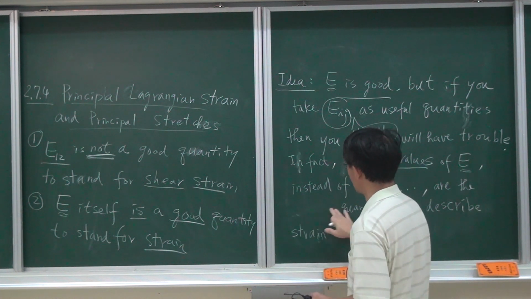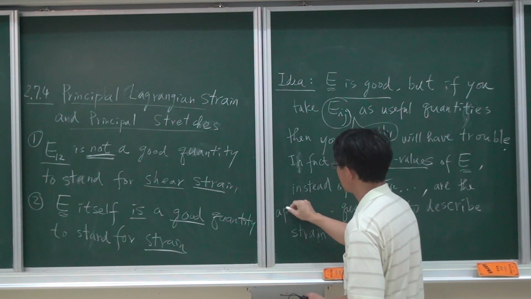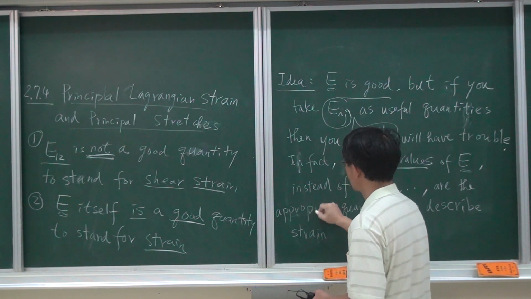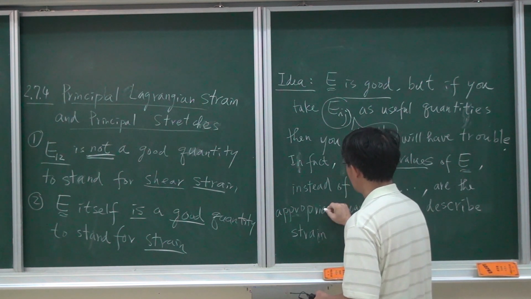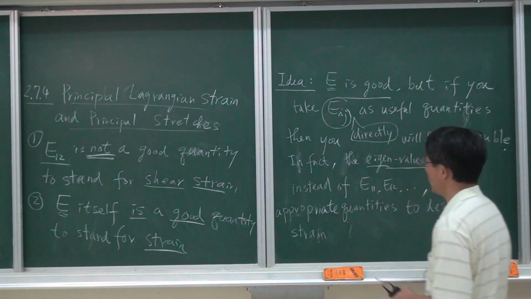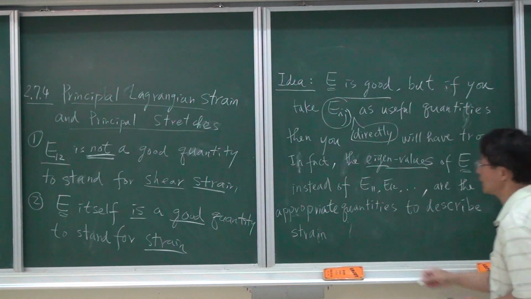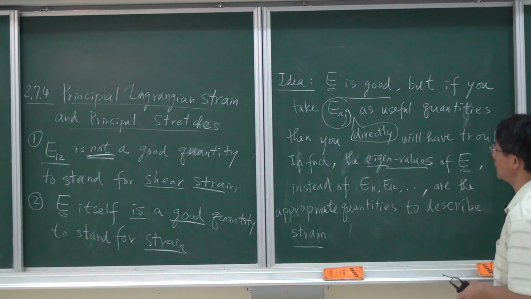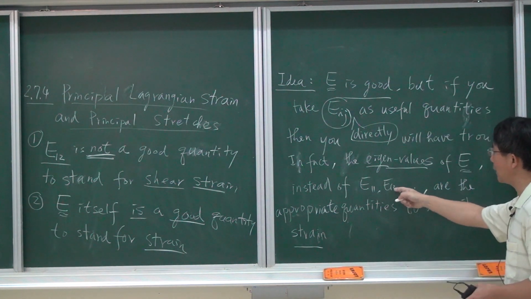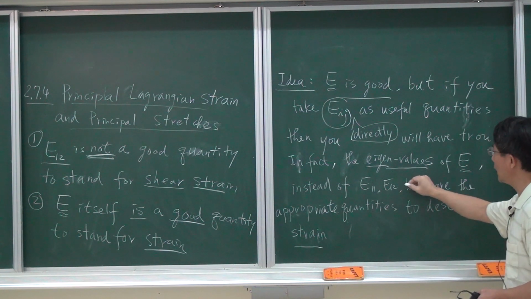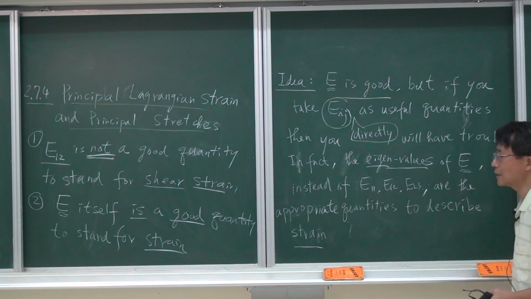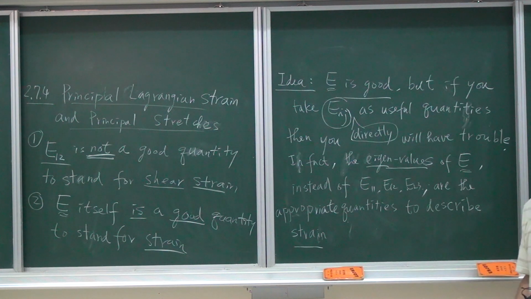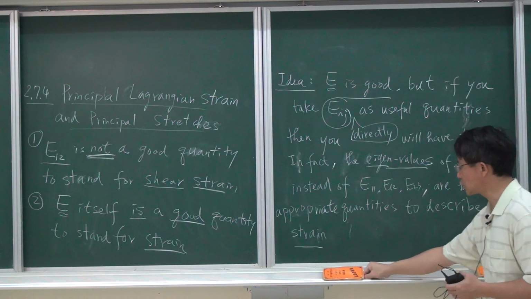I don't want to say correct or not, but appropriate quantities to describe strain. So the eigenvalues of E, but not E11, E12, E23, such kinds of components, cannot be used to represent strain.